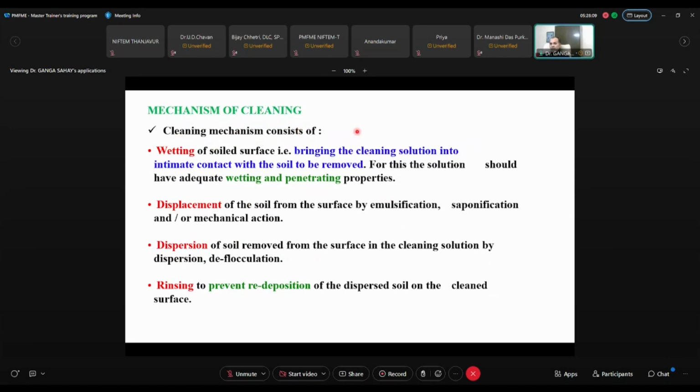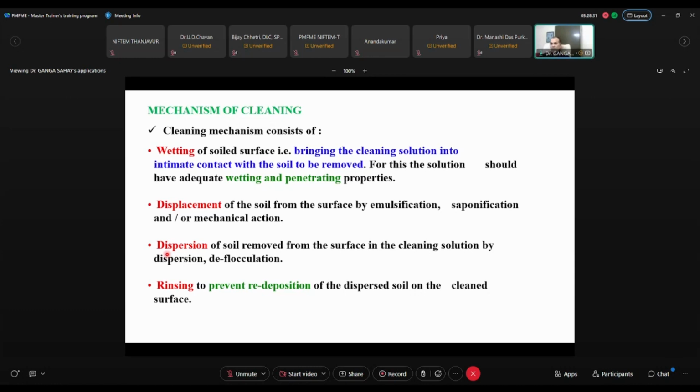So these are the mechanisms of cleaning. The cleaning mechanism consists of wetting. Wetting means bringing the cleaning solution into intimate contact with the soil to be removed, and for this the solution should have adequate wetting and penetrating properties. The next step is displacement of the residue from the surface of the equipment.